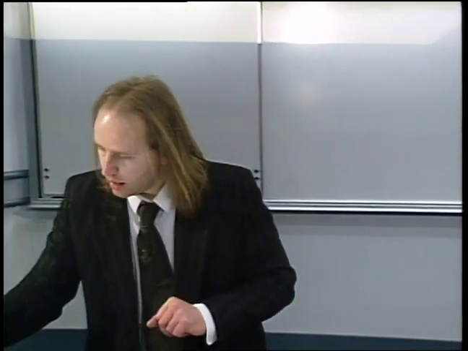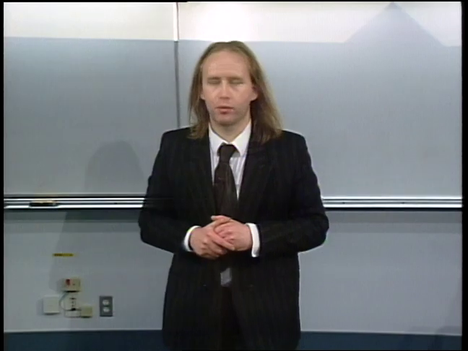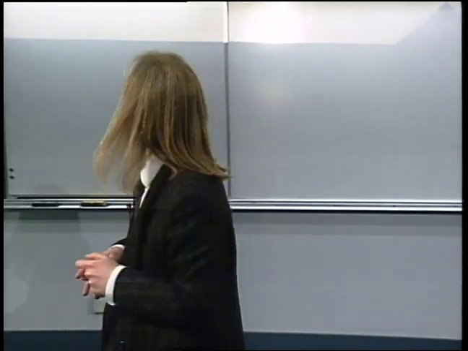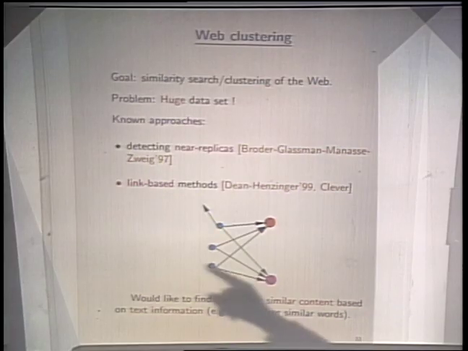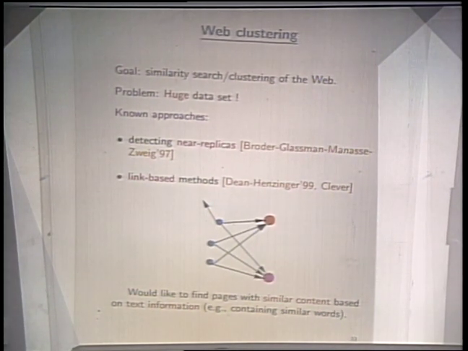There are also other approaches which are based on the links. In this case, two pages are related if there are many other pages which are pointing to both of them. Roughly speaking, there are various variants of that. Unfortunately, none of them does really what we want, because near replicas is a very strict notion of similarity.